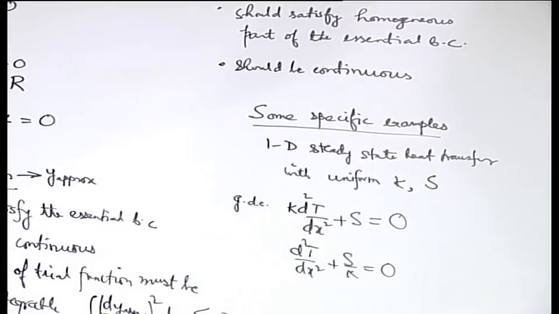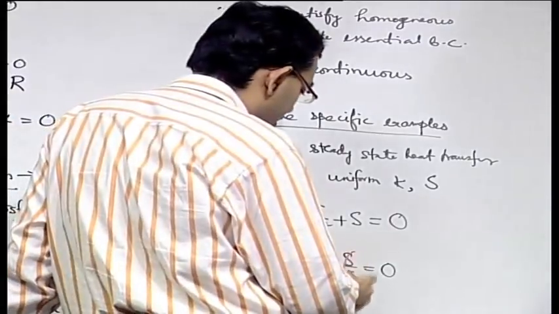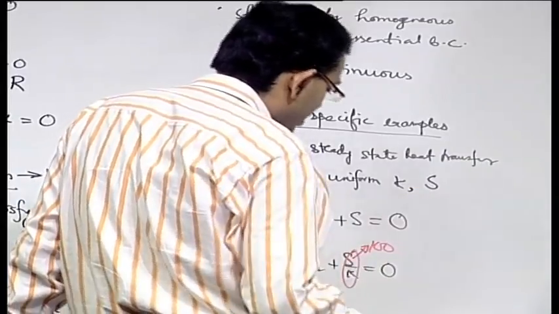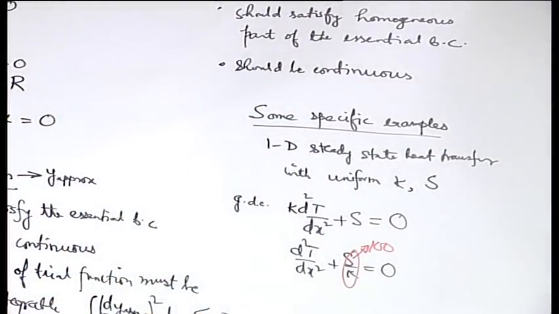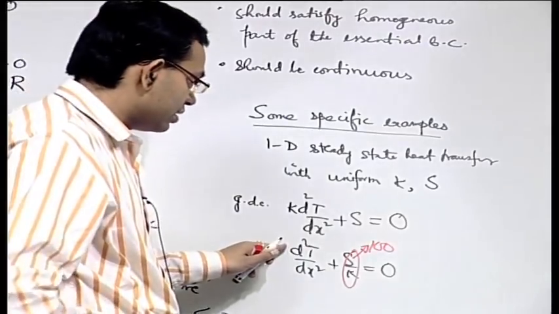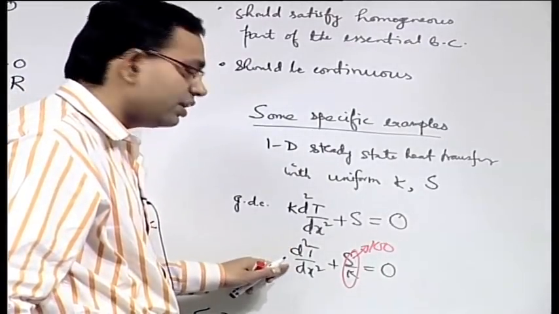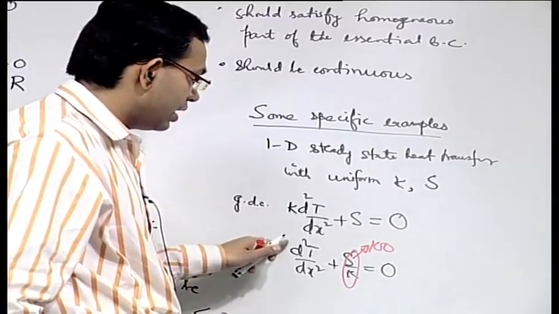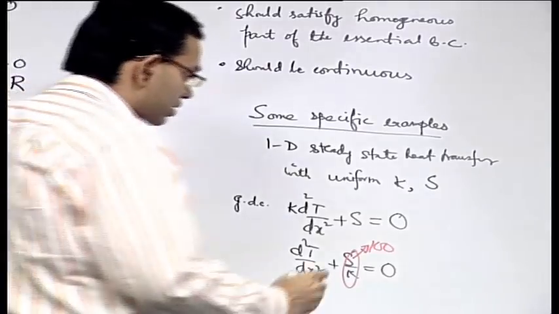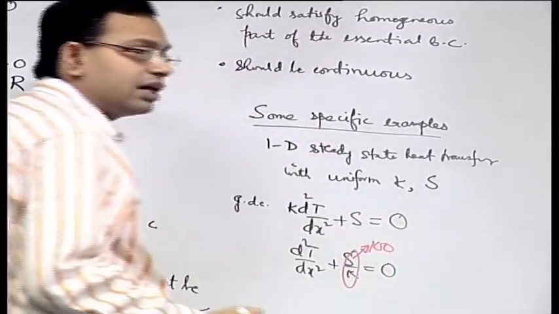To be able to solve this problem numerically, let us assume some value of S by k in consistent units. Let us say this is 100. What is the unit of d2T dx2? Kelvin per meter square. So, this is like 100 Kelvin per meter square.